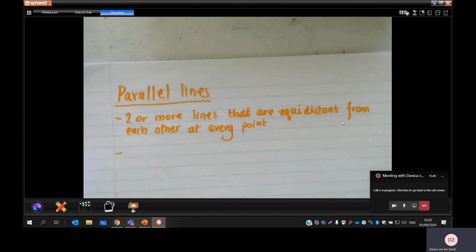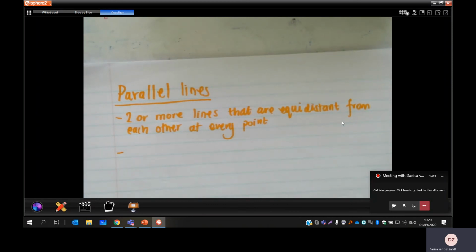Now, if I wanted to take a line and put it on a Cartesian plane, so let's draw ourselves a Cartesian plane, and I found my ruler somewhere.